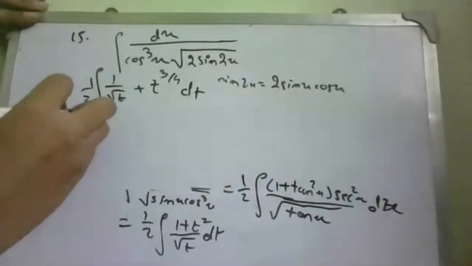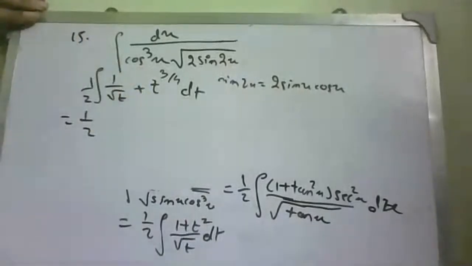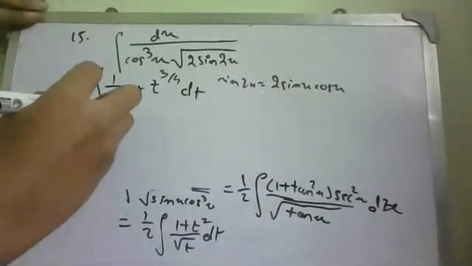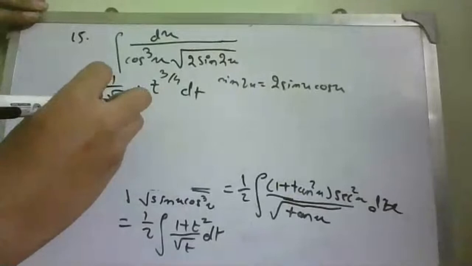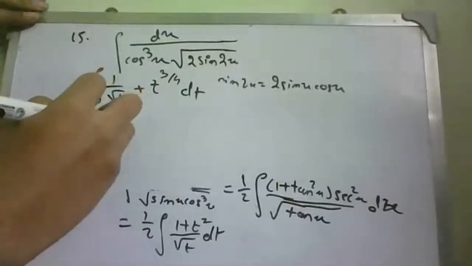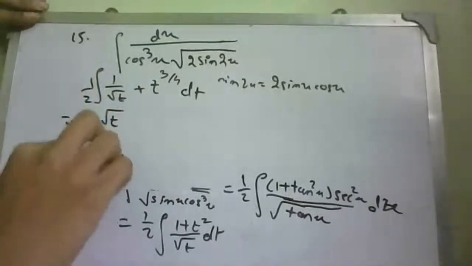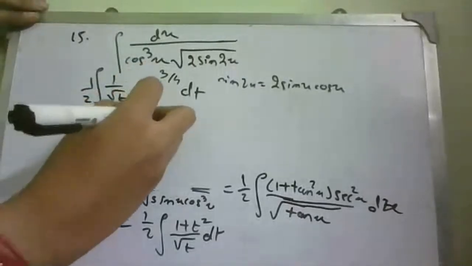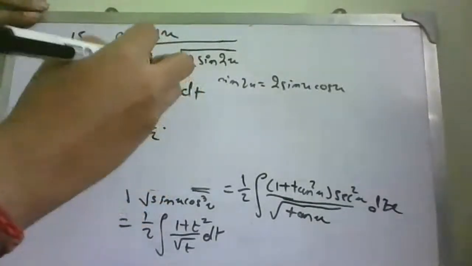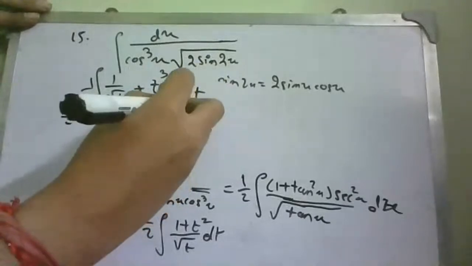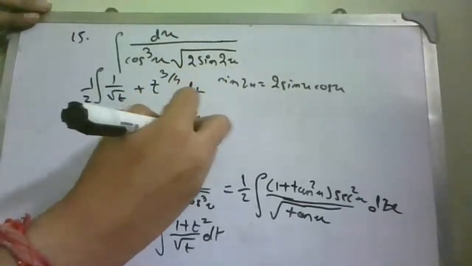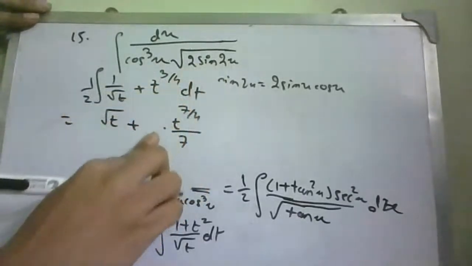So half times t to the power of minus half is t to the power of half, and if we divide it by 2, then we are done with this, plus half times t to the power of 3 by 4, that is basically t to the power of 7 by 4.